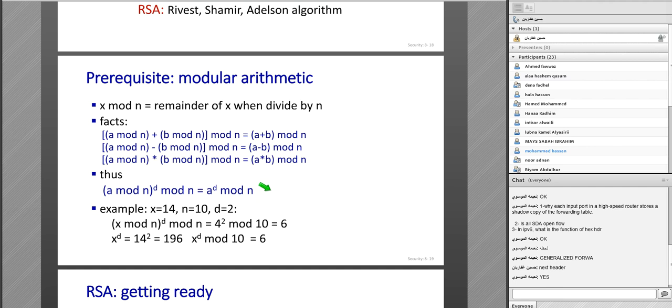For example, I want to apply some security, for example IPsec.